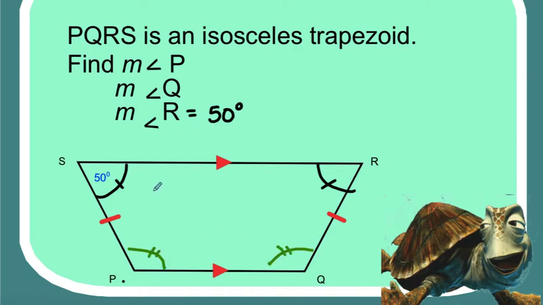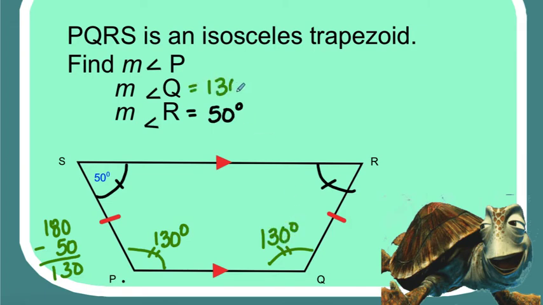But to find their measure, I have to realize that because the bases are parallel, then S and P equal 180 degrees. So I do 180 minus 50, which gives me 130. So angle P is 130 degrees, and therefore angle Q is also 130 degrees.